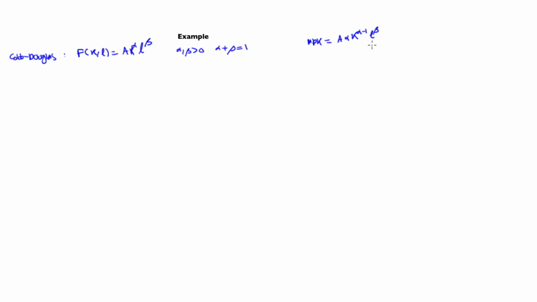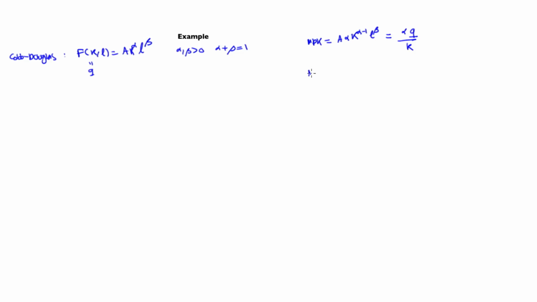One interesting thing is that we can rewrite this, thinking of passing the k to the minus 1 down, as alpha q divided by k. What is q? Remember that q is the quantity produced, so this is also q. And by algebra, we can simplify that expression to that.